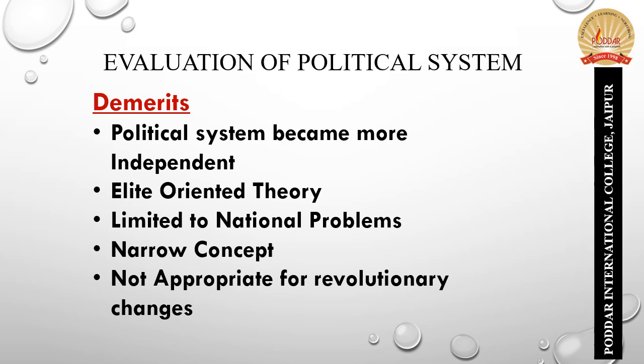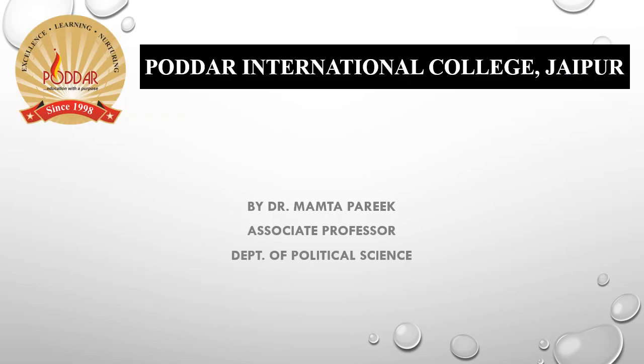But there is no allegation on Easton of irregularity in the political system approach. After the involvement of the feedback loop, re-input is providing an organized regularity to every political system. According to all analysis, this approach is the most appropriate method in comparative politics.